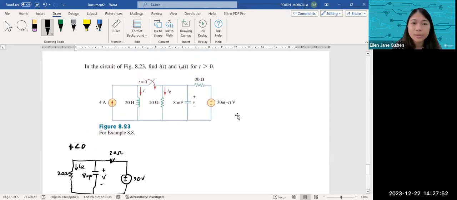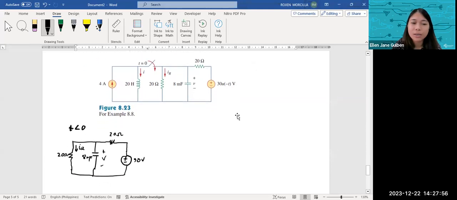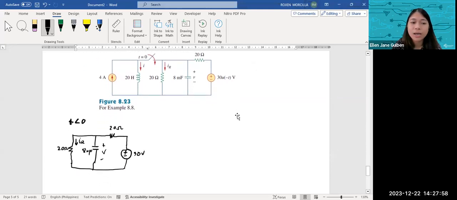So what we have here is a step response of an RC circuit. But since there are no other conditions, it is safe to assume that this setup has been there for a long time and the capacitor has been charged and has reached its steady state. So we do not need to solve for its general solution.